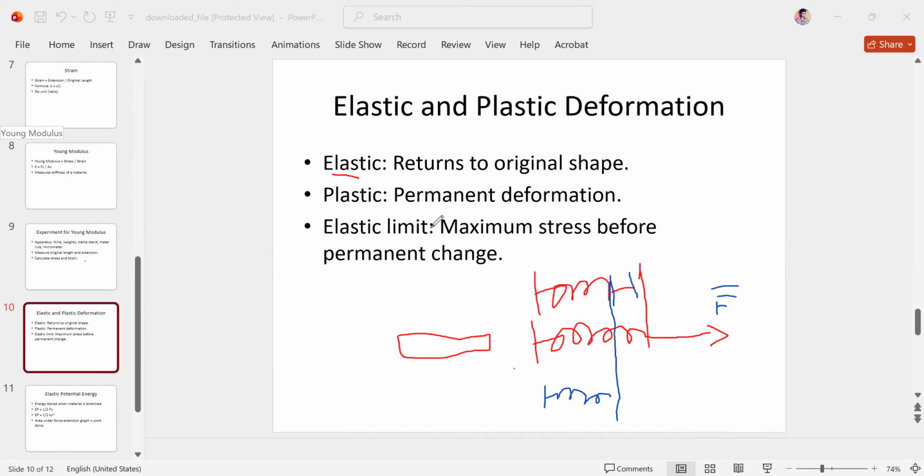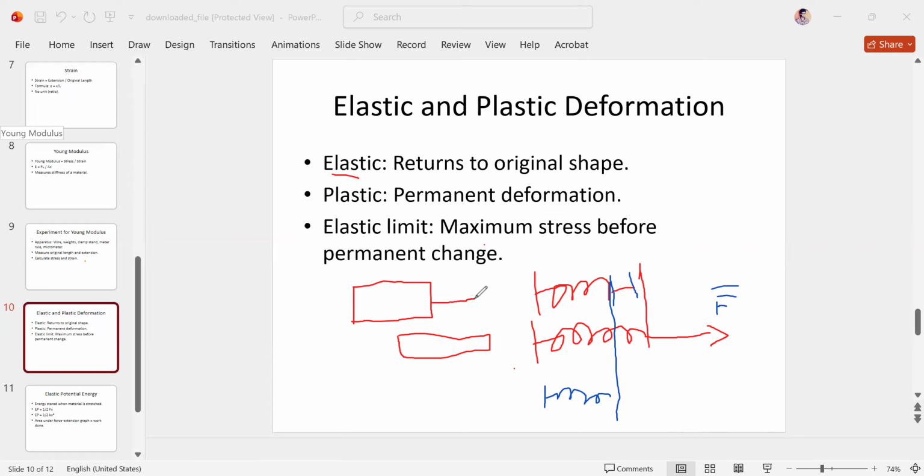But in plastic, when we apply a force on that object, it permanently changes its position, shape, or size. It's called plastic. Now next, I hope you understand. I take a body made of a plastic material, a soft material.